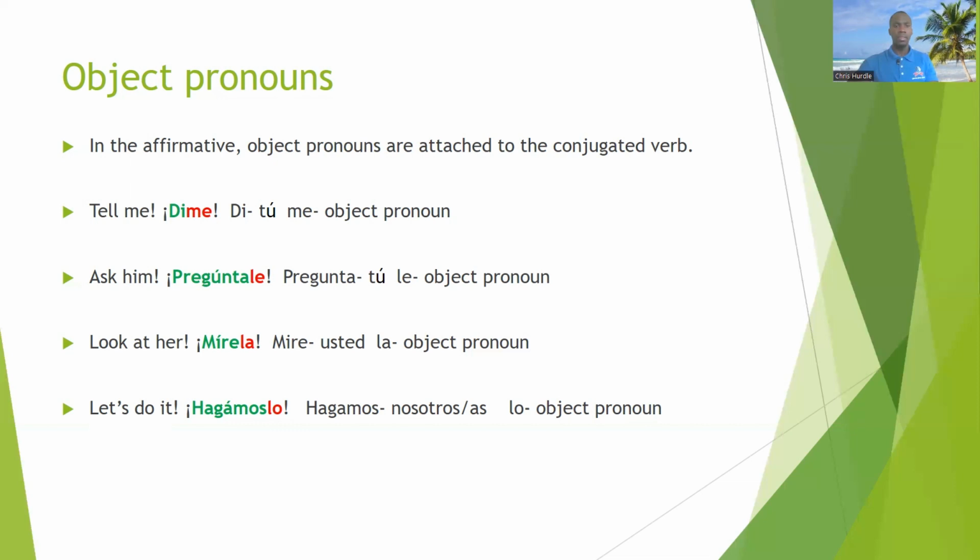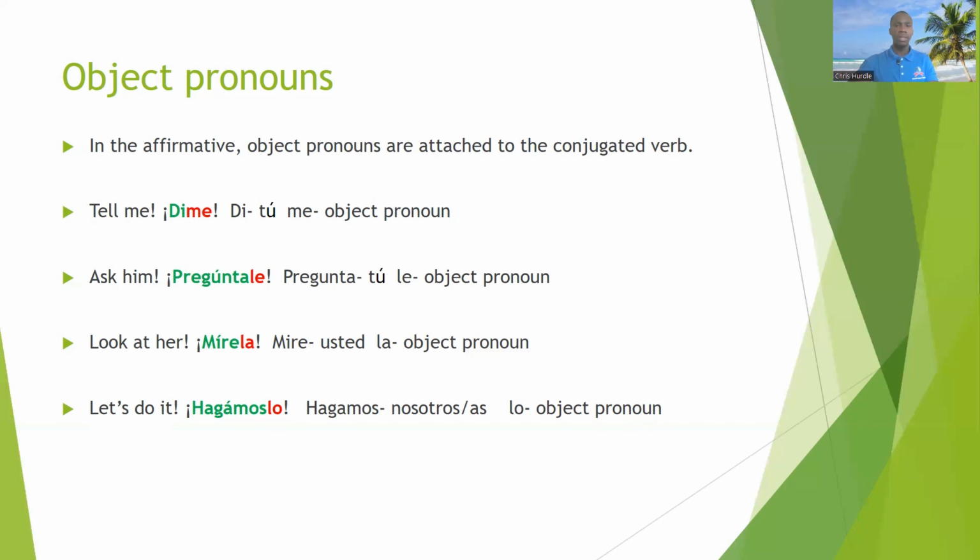All right. And I could have included the direct object, but it's implied. If I say dime, then that means that you have to tell me something. So the direct object will be implied there. Dime. Whatever it is I want you to tell me. Ask him. You have pregúntale.